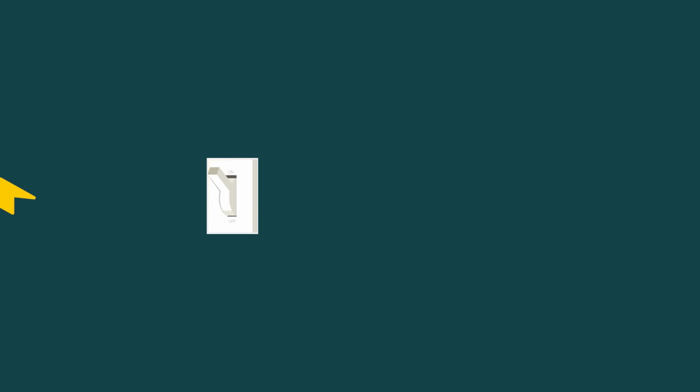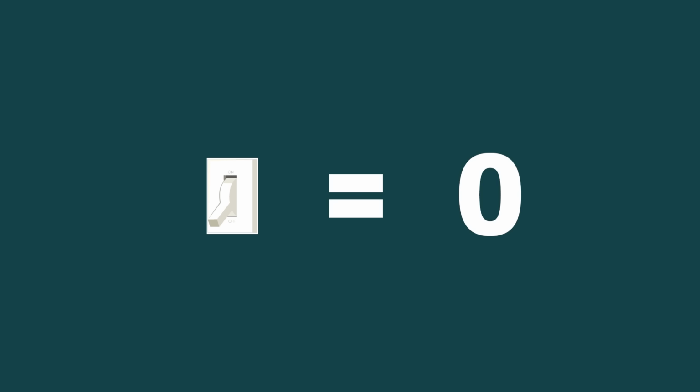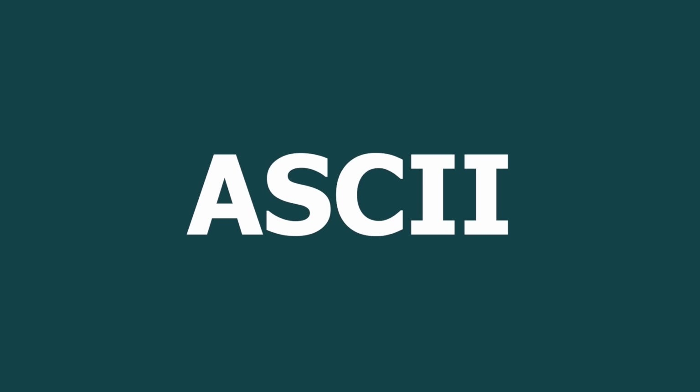Again, nothing magical is happening. Those are simply just electrical switches. Some of them are on, while the rest are off. We decided that the pattern represents the number 65, and in ASCII, 65 represents the letter A.